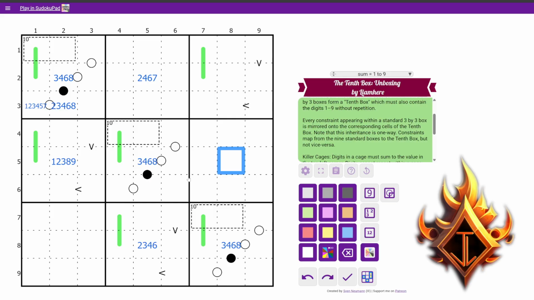Okay. This cannot be 9. Okay, this one cannot be 9 either. Because then the central box would be 7.